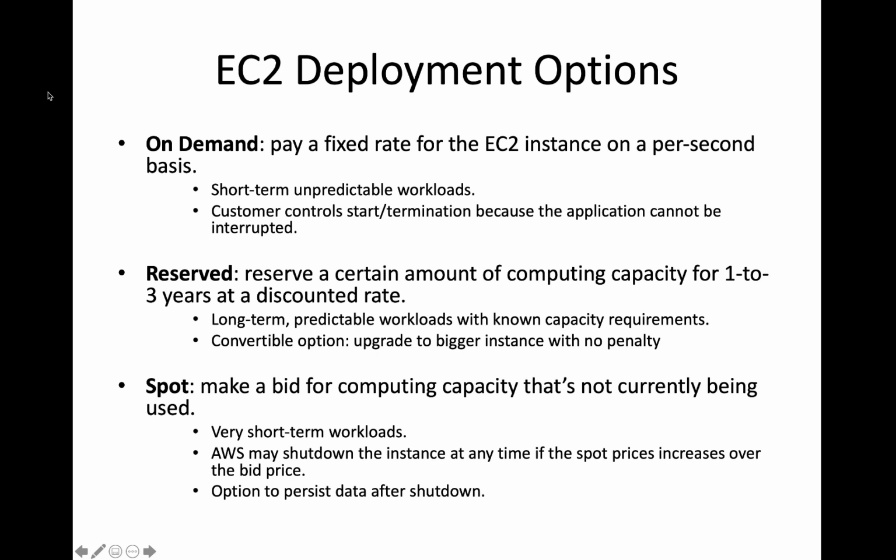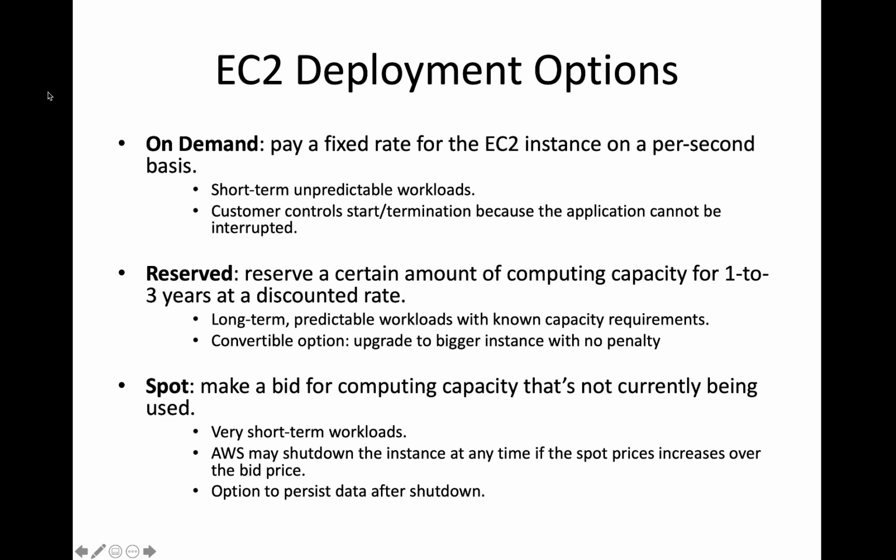And in exchange, AWS is going to provide you with a highly discounted rate for using that instance. And so this makes sense when you have an EC2 instance that you're going to run for a long period of time. You've got some sort of predictable workload. Maybe you're running a database server for a platform and you know that you're going to need to host that platform for the next couple years.